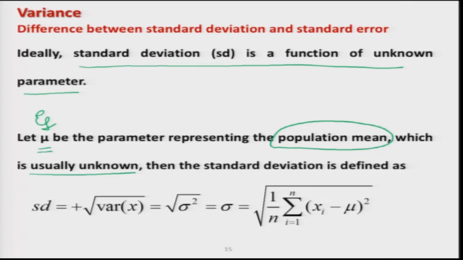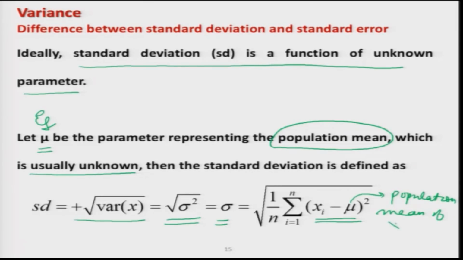Then ideally the standard deviation is defined as the positive square root of the variance of all the values in x, which is denoted as the square root of sigma square, which is equal to sigma, and that is equal to the square root of 1 upon n summation xi minus mu whole square. So, mu here is actually the population mean of all the values xi's.